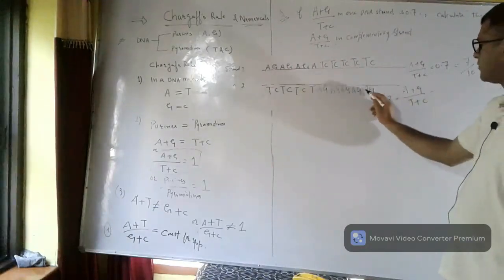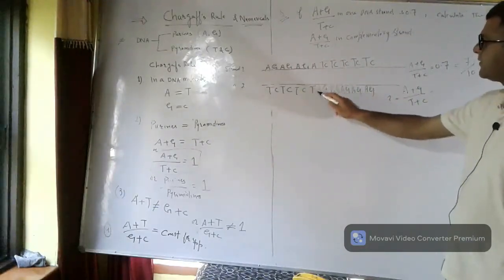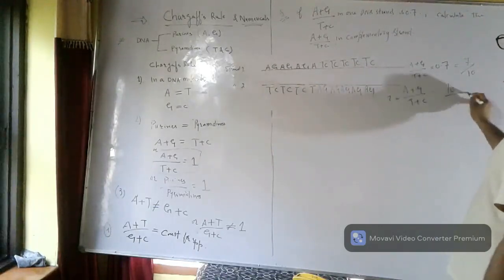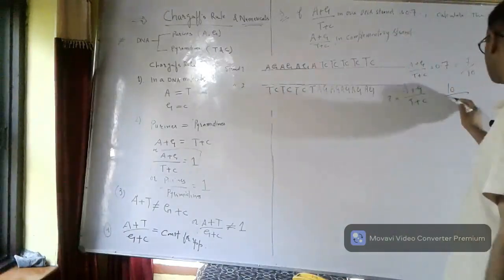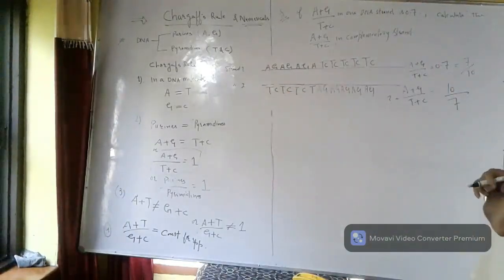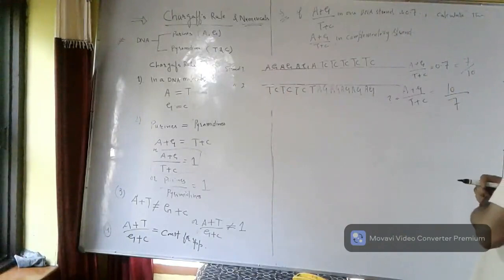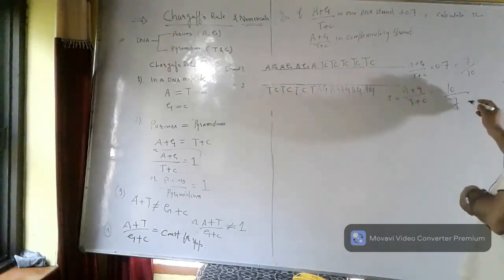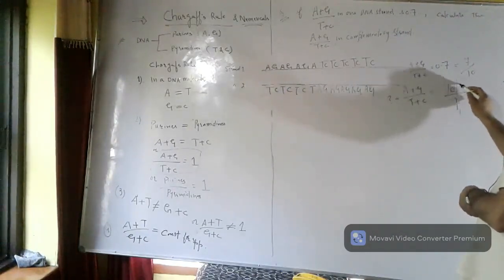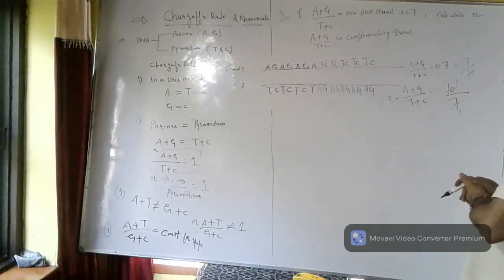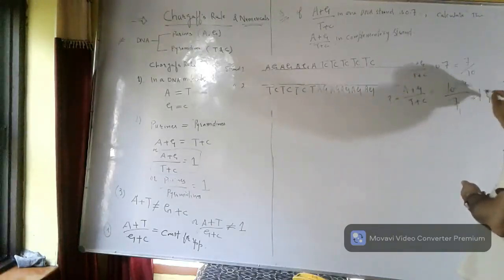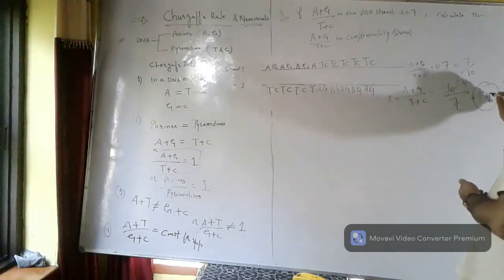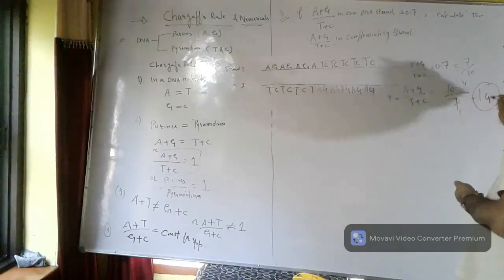There are 10 adenine and guanine, and thymine and cytosine are 7. So it is 10 by 7, which is 1.4.